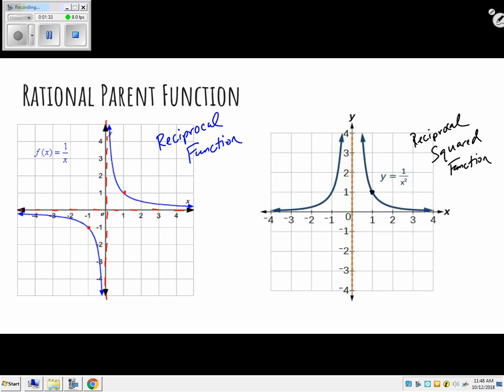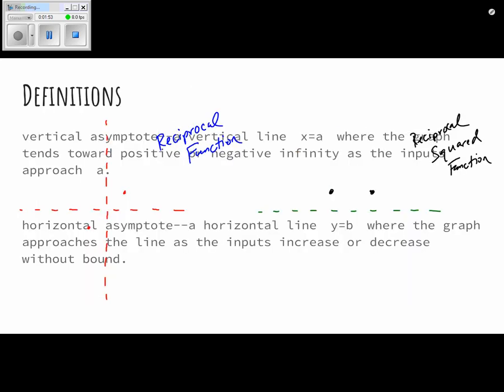There are some other minor differences, but the ones I'm still going to be checking for is that you're still going through the point (1, 1), and then this time (negative 1, positive 1). We still have a vertical imaginary line right there that's approaching, as well as a horizontal one in the same spot. Those imaginary lines are called asymptotes.